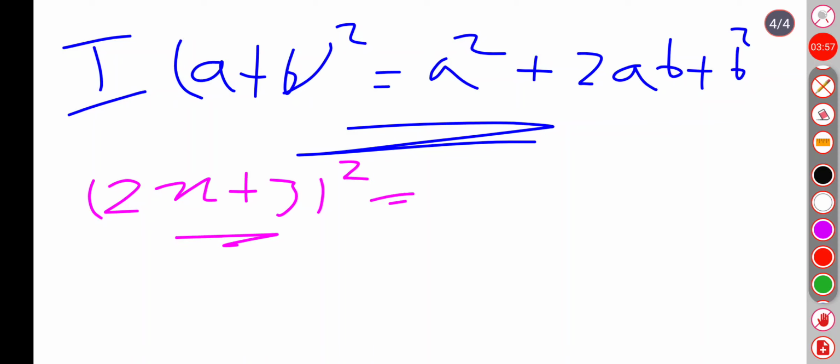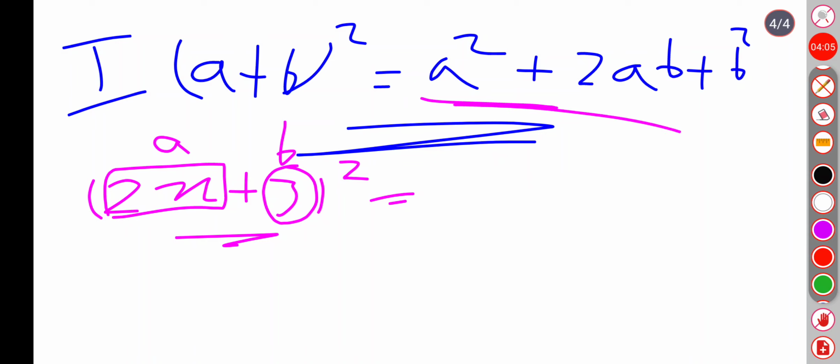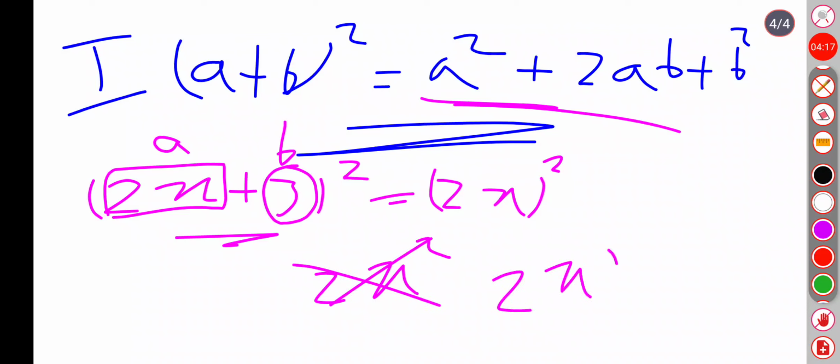So 2x plus 3 the whole square means let's take 2x as a and 3 as b. To connect it with this identity, we can substitute the a's and b's. So a square is 2x the whole square. We take whole square, not 2x square. This is wrong. 2x the whole square is correct. It is completely different things.